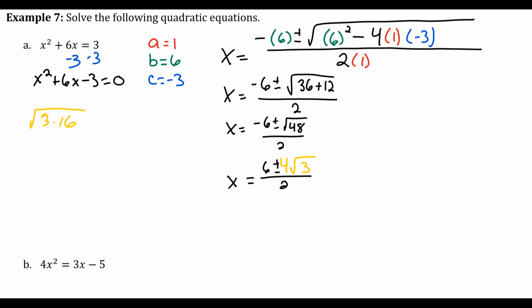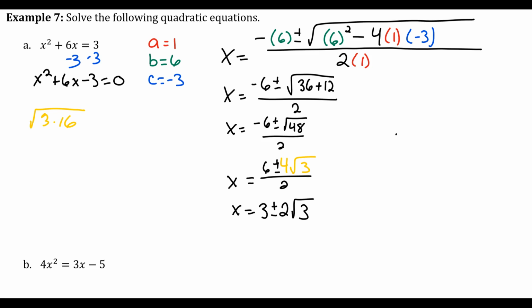Now I can simplify and divide both of the numbers outside the radical by 2, and I get that x is equal to 3, because 6 divided by 2, plus or minus 4 divided by 2 is 2, square root of 3. Notice I have an x squared, therefore it says that I should have 2 answers. Well, notice I've got the plus and the minus version here.